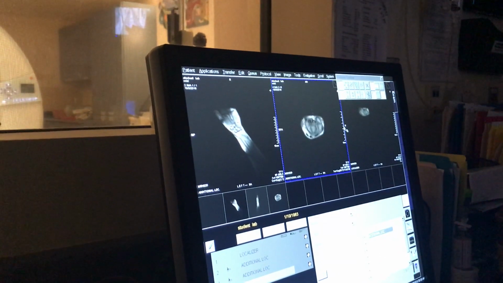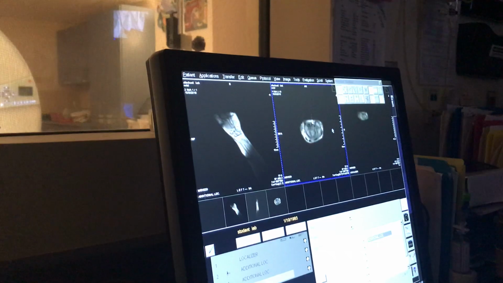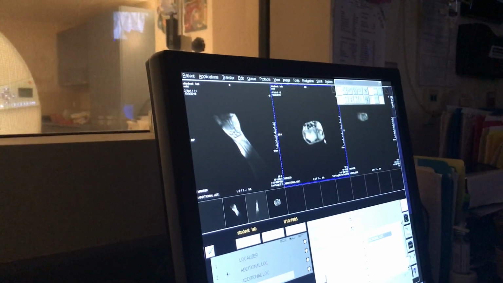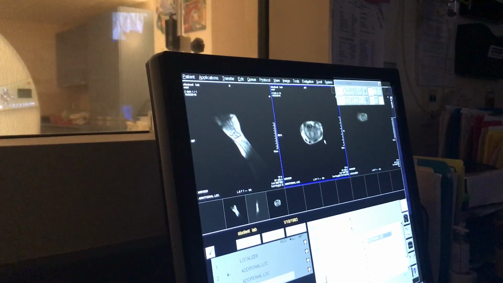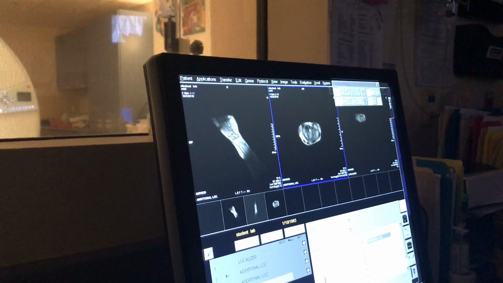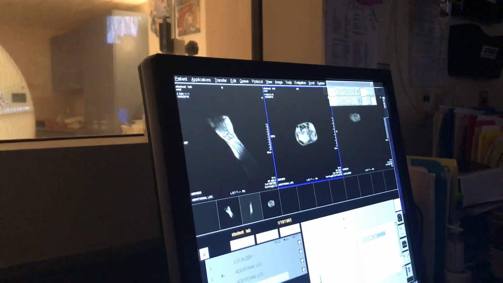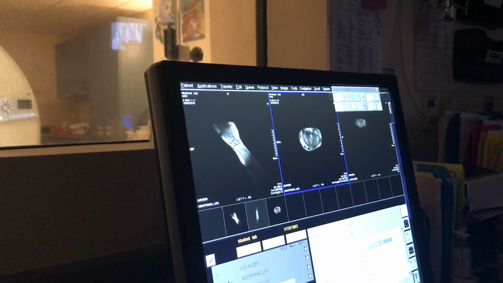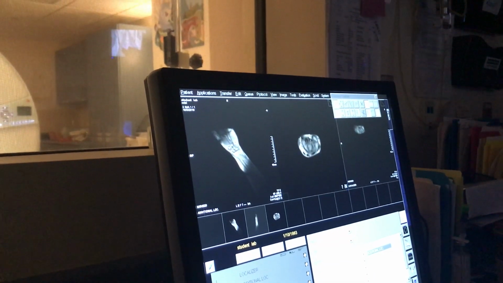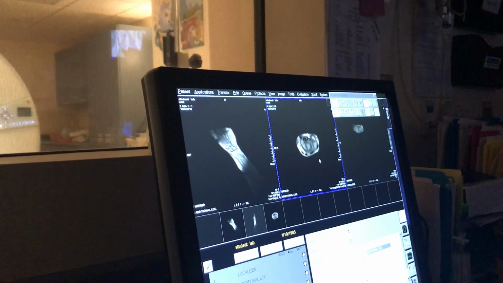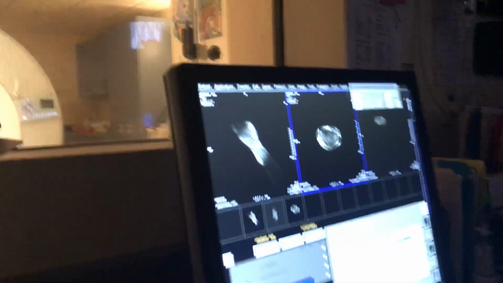Okay, so for the coronal localizer, we typically look when we're around the carpal tunnel, where we can see the hook of the hamate and the greater multangular bone.